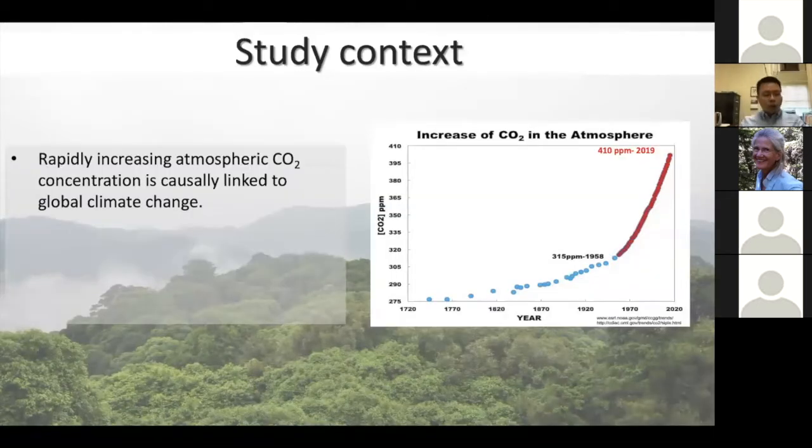As we know, the atmospheric CO2 concentration has grown faster since the industrial revolution. From this figure, we can see that the rate of increase of CO2 concentration over the past 50 years, shown in red, is much faster than at other times.